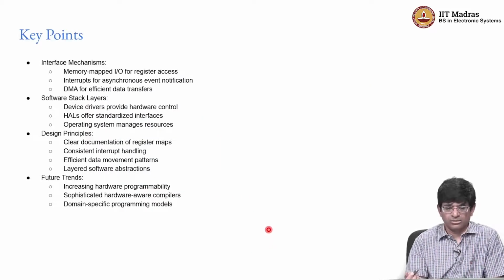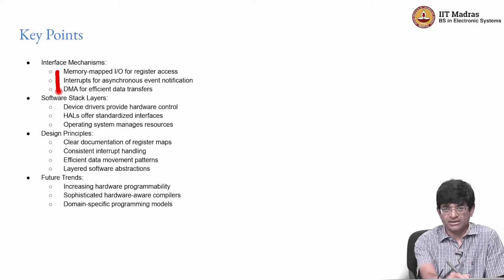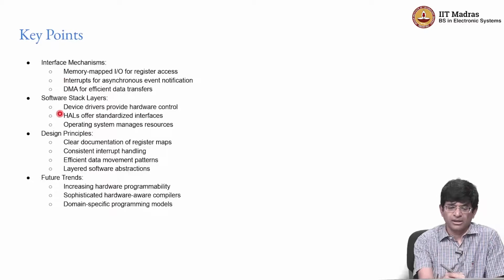So there are a number of interface mechanisms that you need to be aware of when we are talking about the hardware software interface as parts of a modern system, right? There are many different layers in these stacks. We have a number of different design principles that we have looked at in various different contexts.